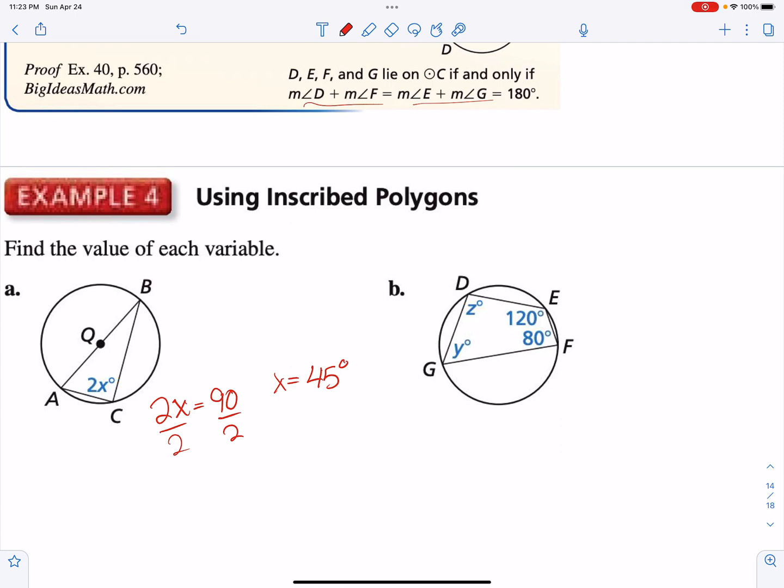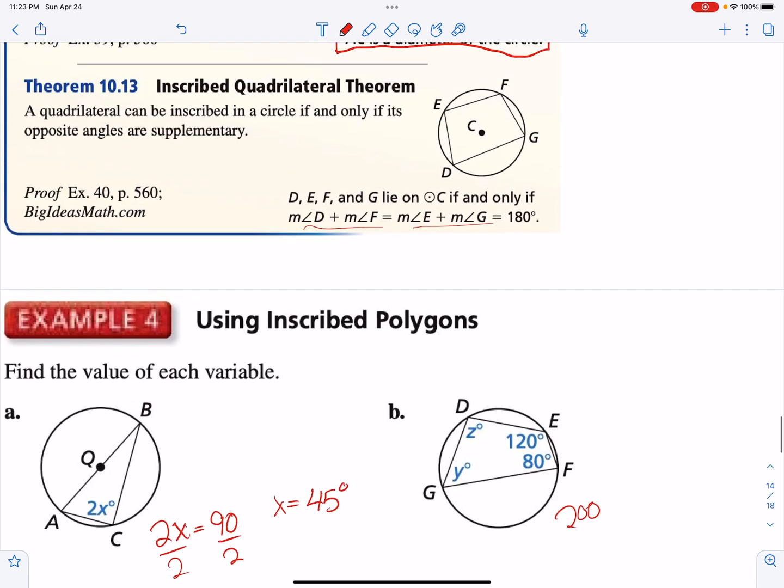Okay, and in our polygon, again, we are just going to take the fact that we have 2 consecutive angles in there that add up to 200, and then the other 2 have to add up to 360 with the whole thing. So again, if we look at this up above, it's saying the measure of D and F have to be congruent to these, which also have to be congruent to 180.